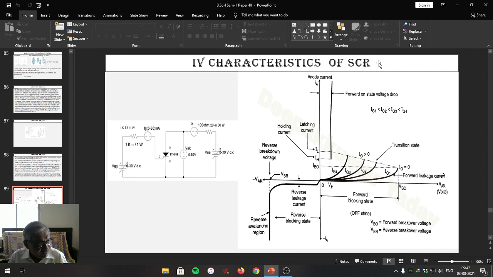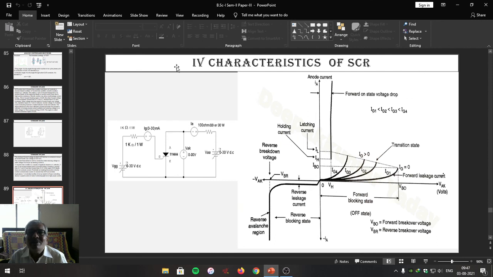But when the polarities of the cycles are reversed, naturally it is reverse biased and doesn't conduct current. Thus, when it is used in an AC cycle, it can conduct from 0 degree to 180 degree.